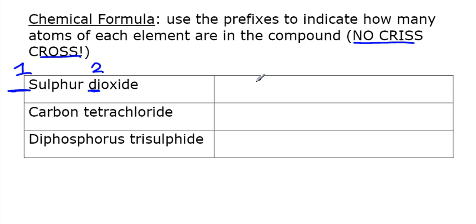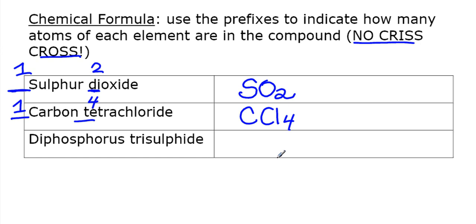So when I write my formula, I have 1 sulfur, 2 oxygens. I don't need to crisscross or do anything. Next one, I've got 1 carbon, and here tetra means 4 chlorines. So when I write my formula, carbon with 1, chlorine with a 4.